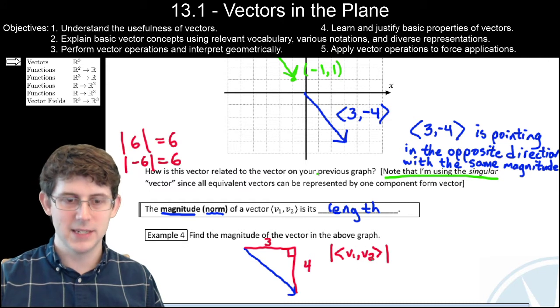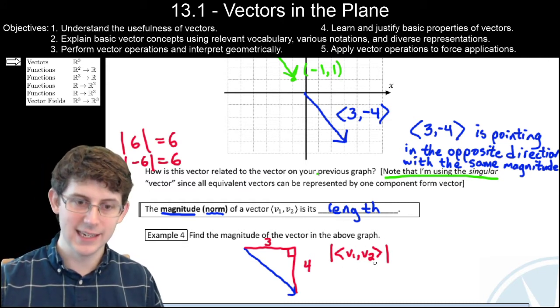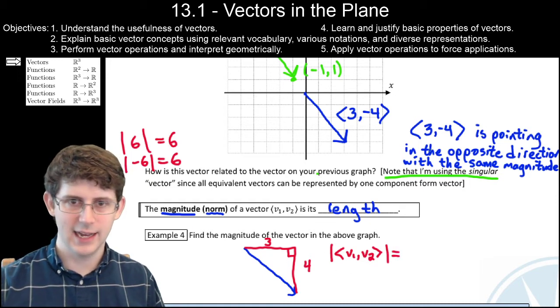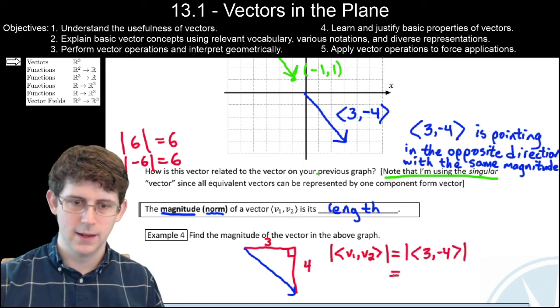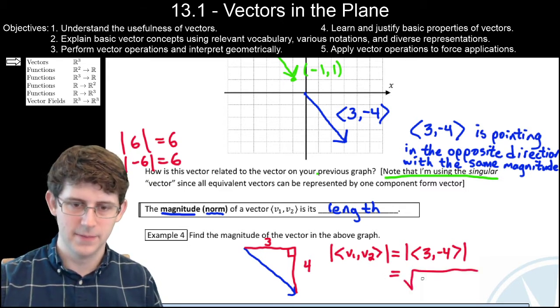You don't say absolute value when it's a vector though. The magnitude of this vector, well, we're looking at the vector ⟨3, -4⟩. And you just use the Pythagorean theorem.